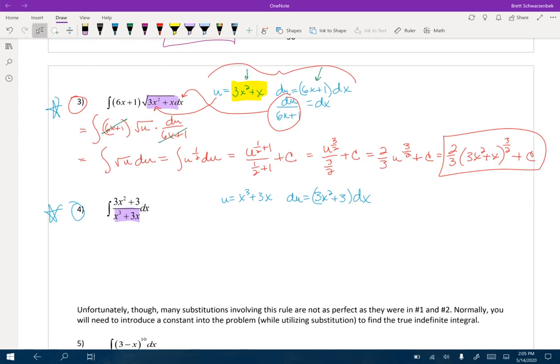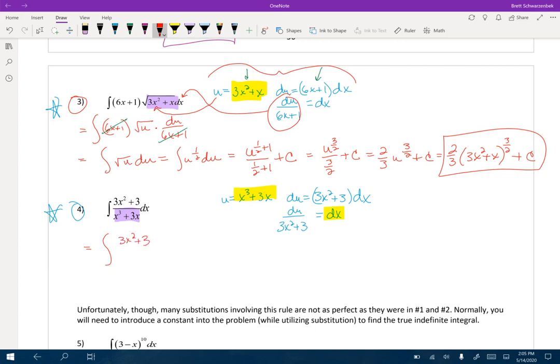So again, over here, we're going to divide both sides by this expression and get this as our value. And now we know in our expression that we have both x cubed plus 3x and dx taken care of. So we can then substitute in for the rest. So we have our 3x squared plus 3.